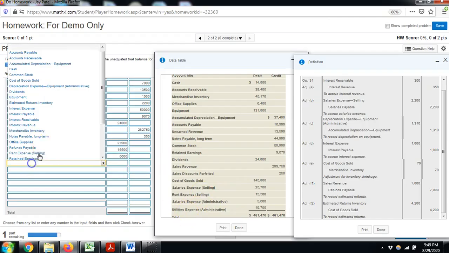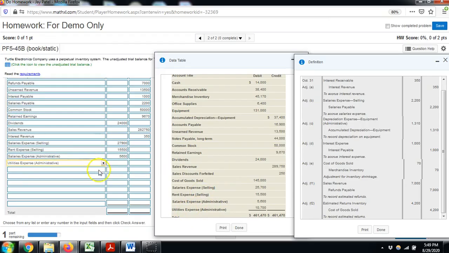And we have utility expense, administrative. And then we have to add our depreciation expense that we took here, 1,310.